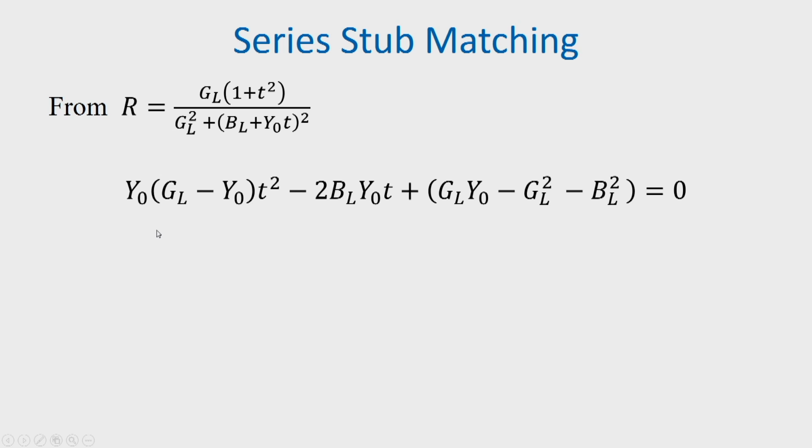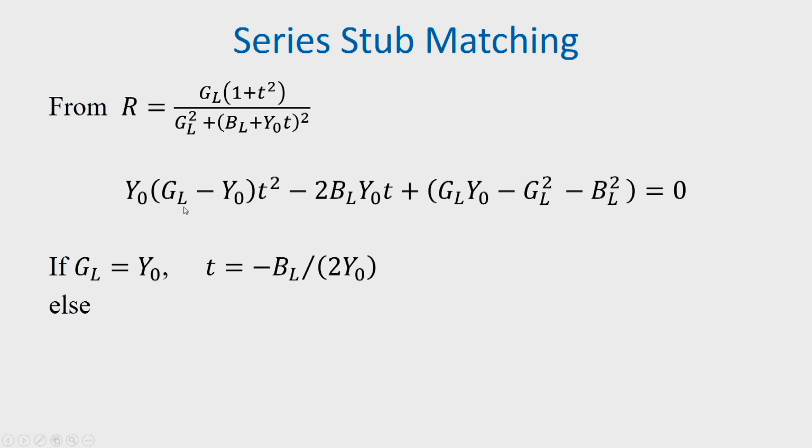One particular case is when G L equal to Y naught. In this case this term becomes 0, and here also G L Y naught, so this G L square cancels and we get a simple solution for T, which is minus B L divided by 2 Y naught.